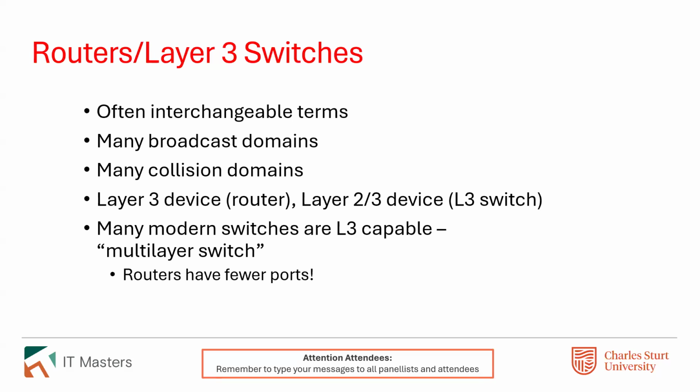And that reflects their use case. Typically, a switch, even a large multi-layer switch, will be designed to connect to potentially hundreds of computers, printers, servers, whatever it might be, wireless access points, you name it. Whereas routers only have to connect to another couple of switches, and generally that's about it.